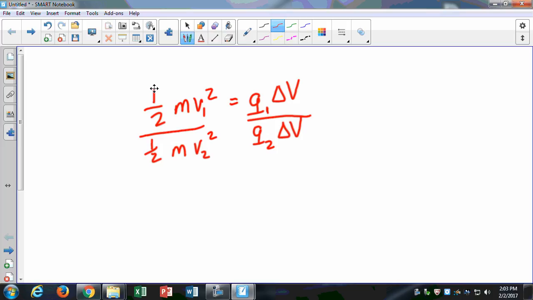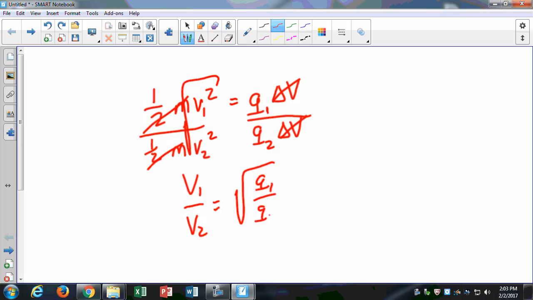Actually, let's see, I need to cancel those. Square root both sides, I get V1 over V2 equals the square root of Q1 over Q2. Should be something along those lines.